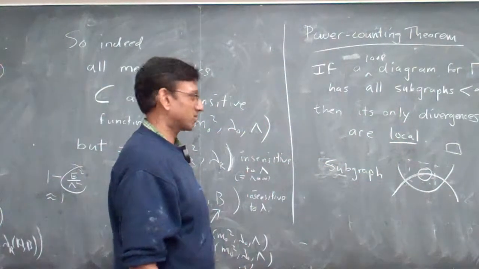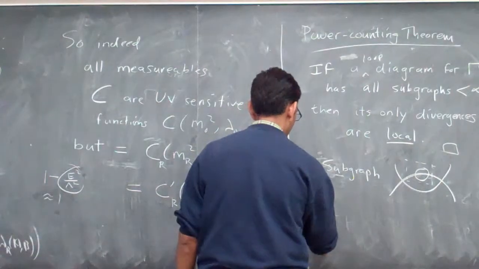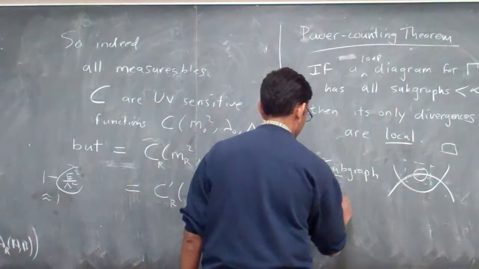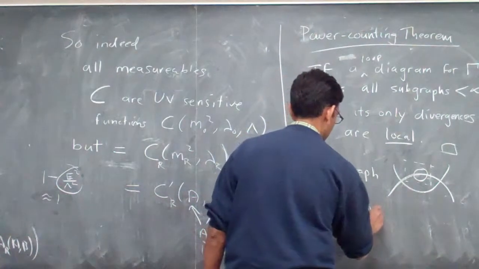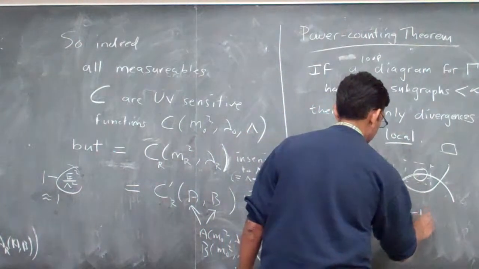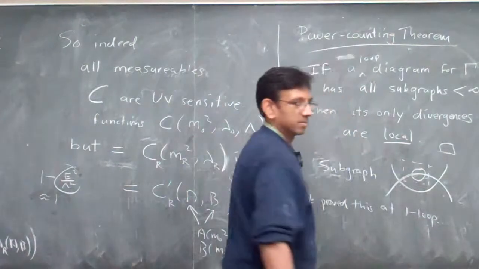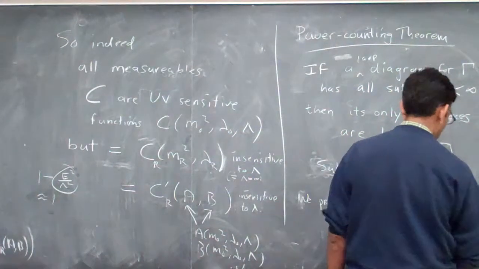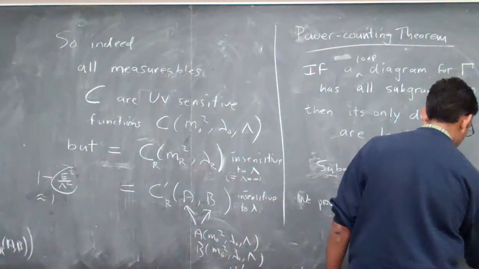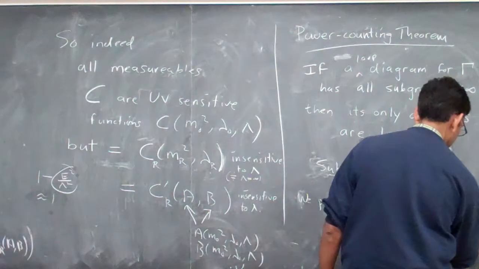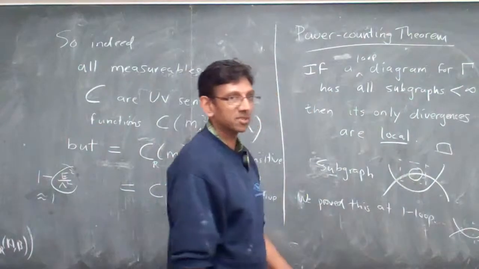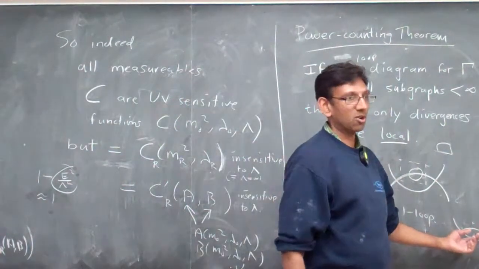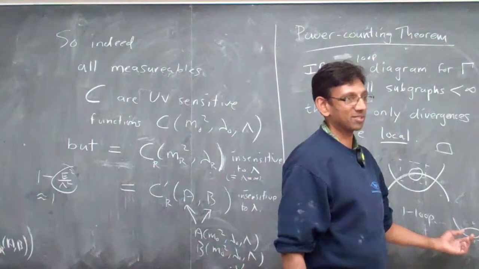First, have we seen, so this is now, we proved this at one loop. The reason is that at one loop, the only kind of subgraphs that you can draw, the only proper subgraphs, meaning not the entire graph itself, are necessarily tree graphs.